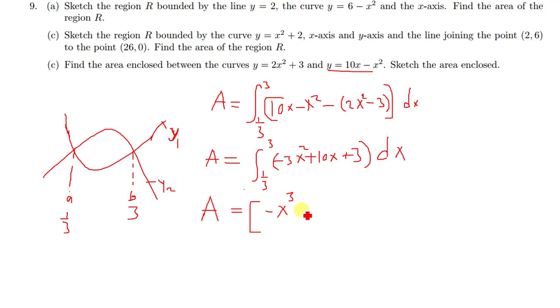And then you have plus 5x squared, sorry, then plus 3x, like that. Actually here there is no need of putting these brackets, you just put the limits outside.